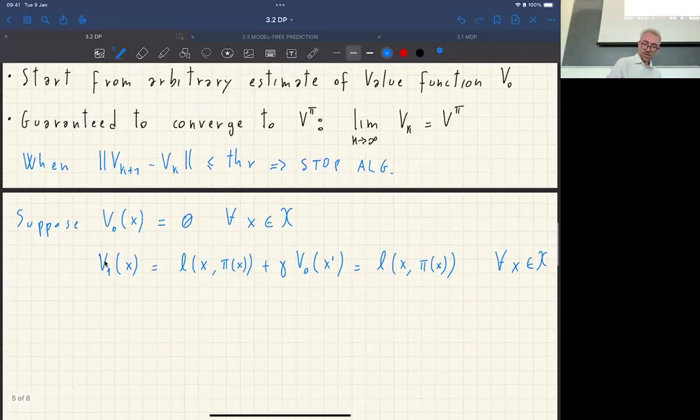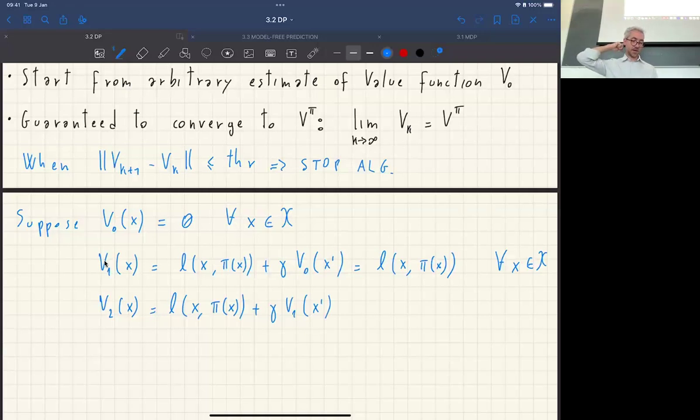Then when you do a second iteration, what you get is the following. And v1, we said, is simply the cost associated to that state.